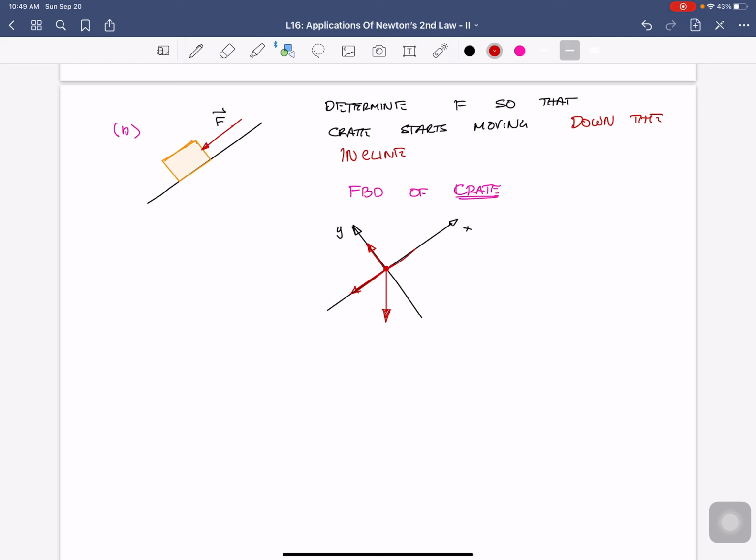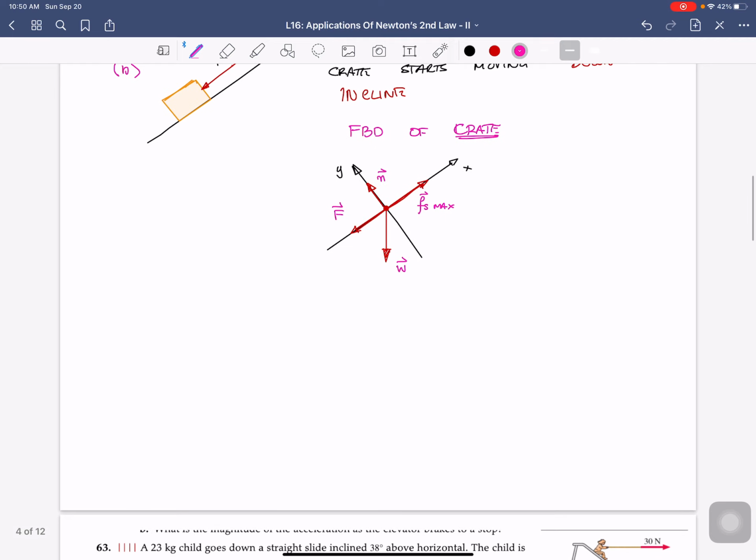So the force of friction is going to be the maximum force of static friction, in this case acting in the upward direction along the incline. So here we go. There's the weight, the maximum force of static friction, the normal force, and the pushing force.